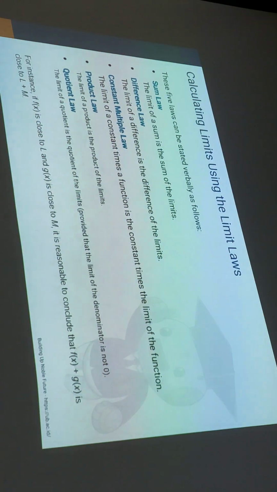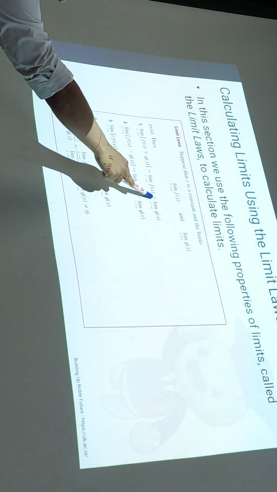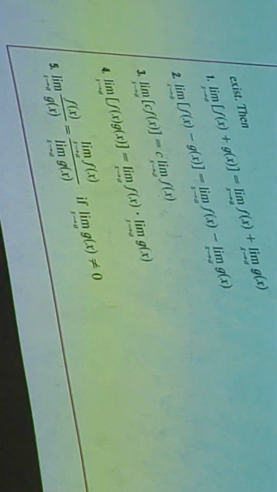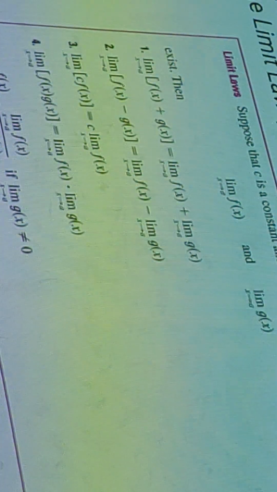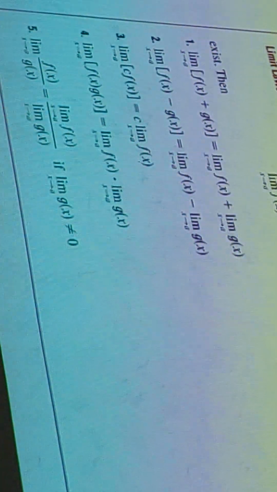The limit of a sum is the sum of the limits. Limit of the sum f(x) plus g(x) equals limit of f(x) plus limit of g(x). So you need to understand this characteristic of the law. If you face this kind of equation for a limit function, we can consider the first law to solve the question.